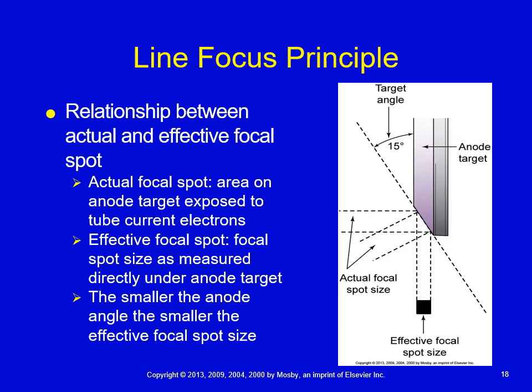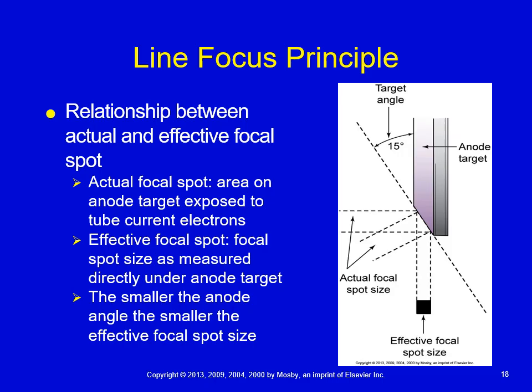All right, now we're moving on to the line focus principle. The line focus principle allows us to achieve the detail that we need with our small focal spot, and it also allows us to have a large amount of heat dissipation.